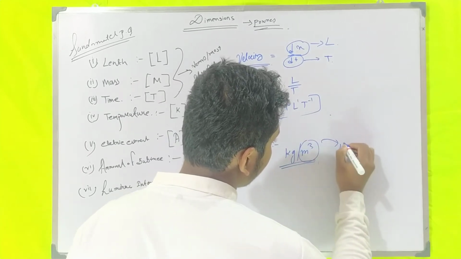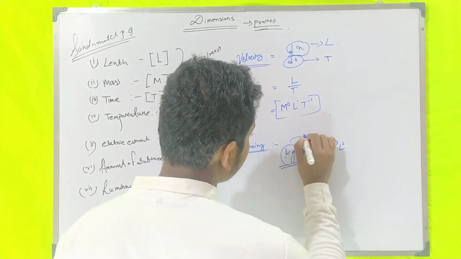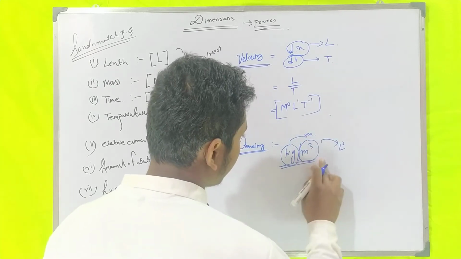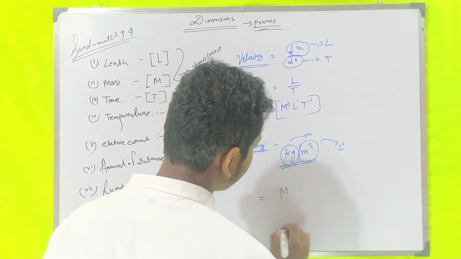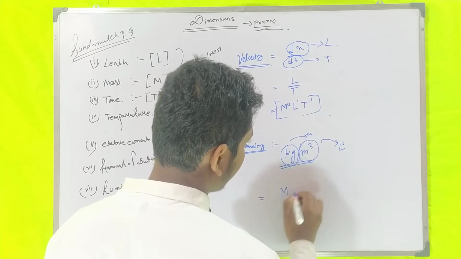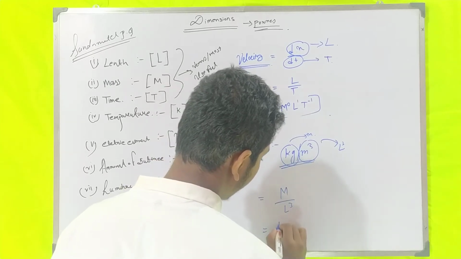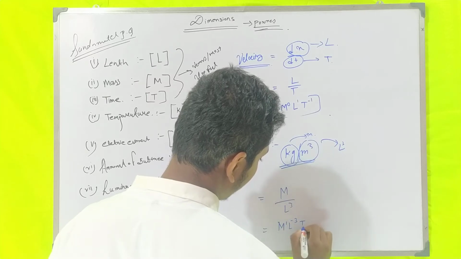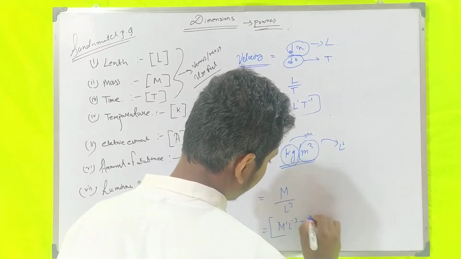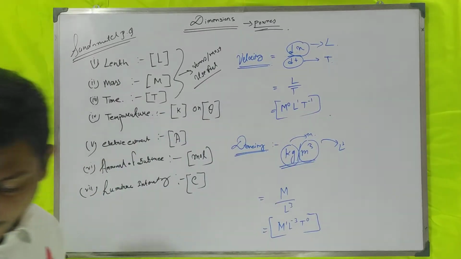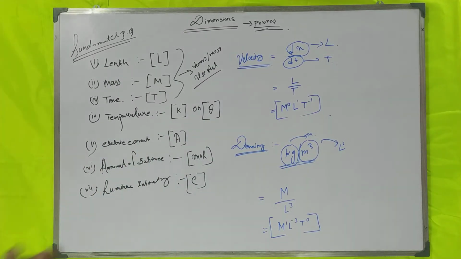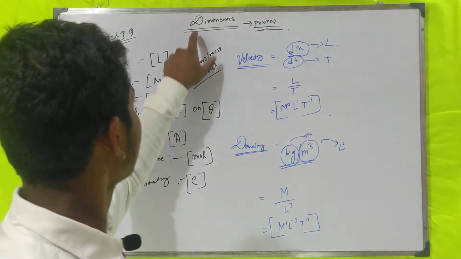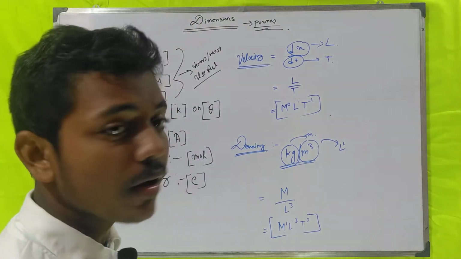Meter represents length, so L cube, and kg is the mass, so you can write M by L cube. So you can write M^1 L^-3 T^0. So this is the dimension of density and velocity.